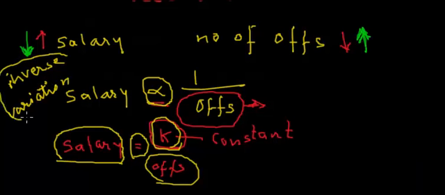So this is the example of inverse variation, right? Now what we will do, we will take a few examples of both the types of variations in the next few videos. We will strengthen our concept of variations and also learn how to solve the problems.